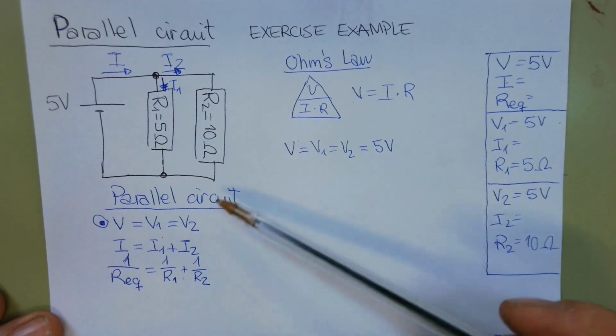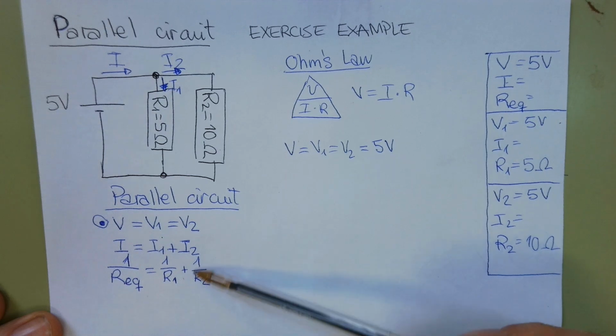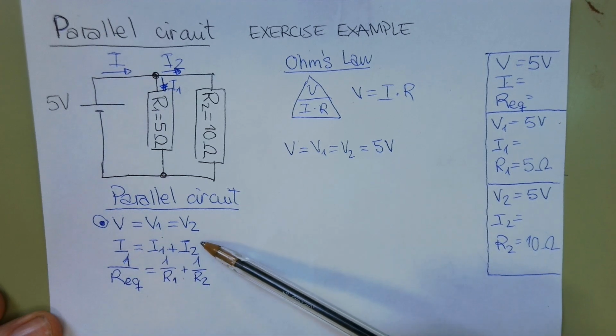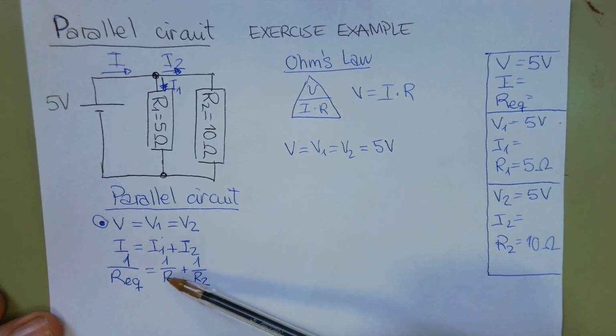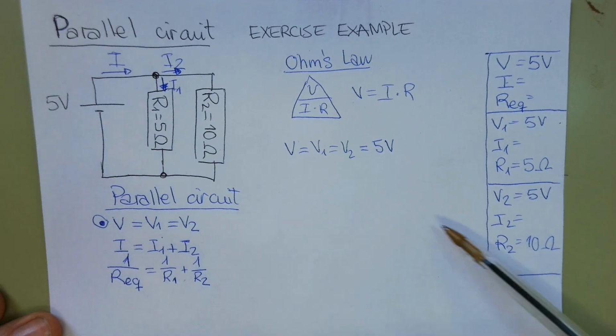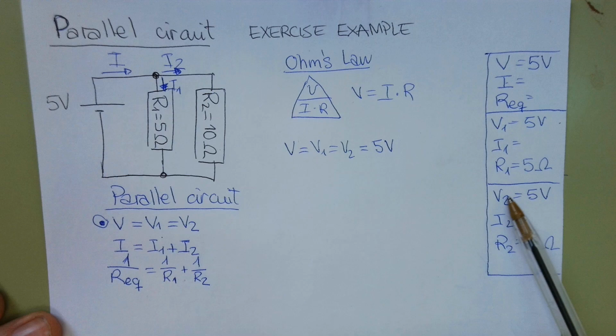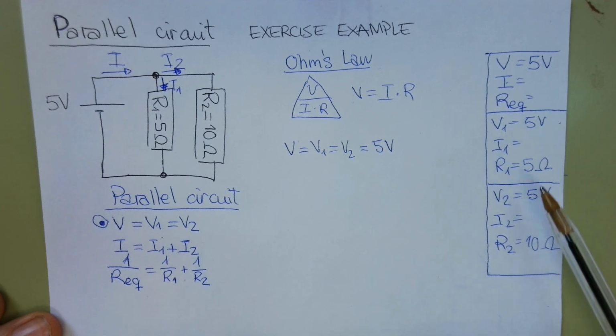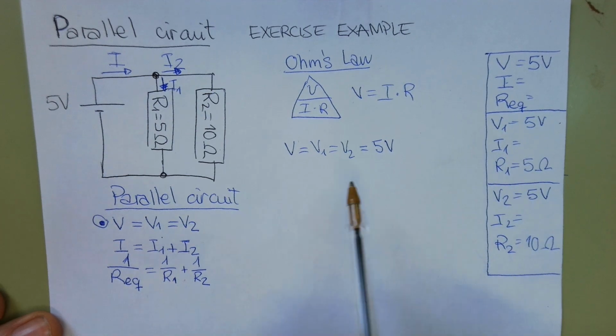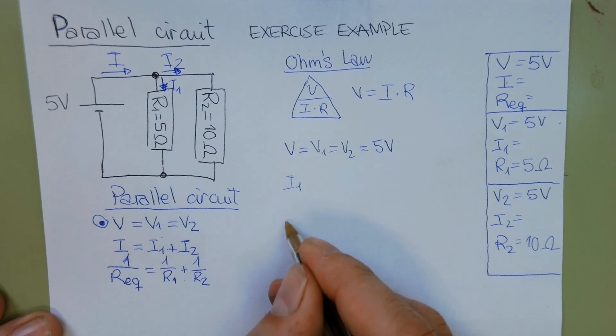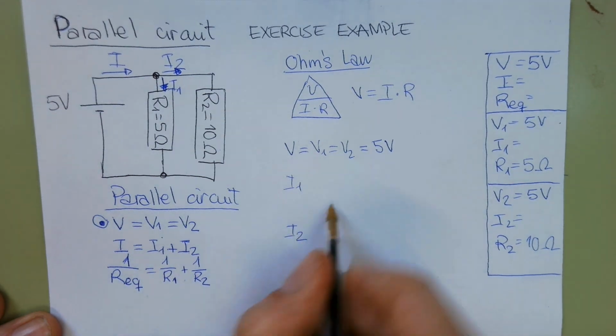Next, I have the opportunity to continue with these equations. Not this, because I don't know any current. This, I know this and this, so this is an option, but there is another option that is easier, that is using Ohm's law here and here, because I know 2 out of 3. So I'm going to work out the current number 1 and current number 2 using Ohm's law.